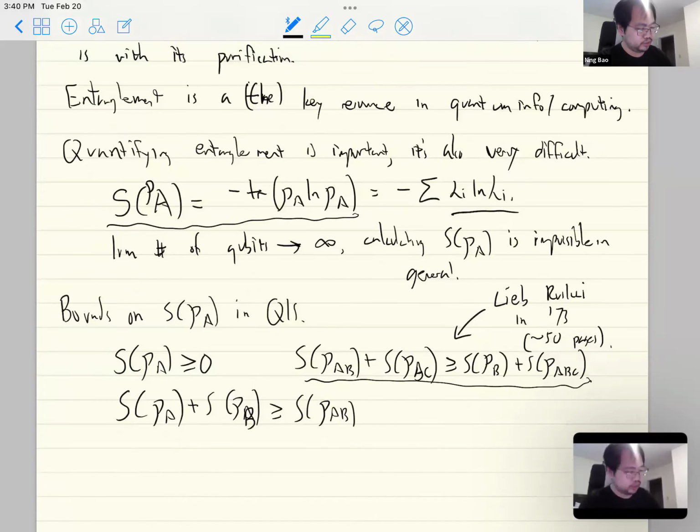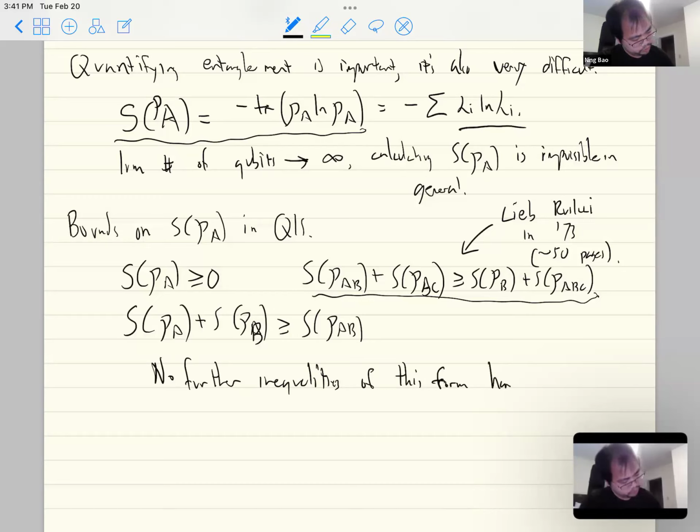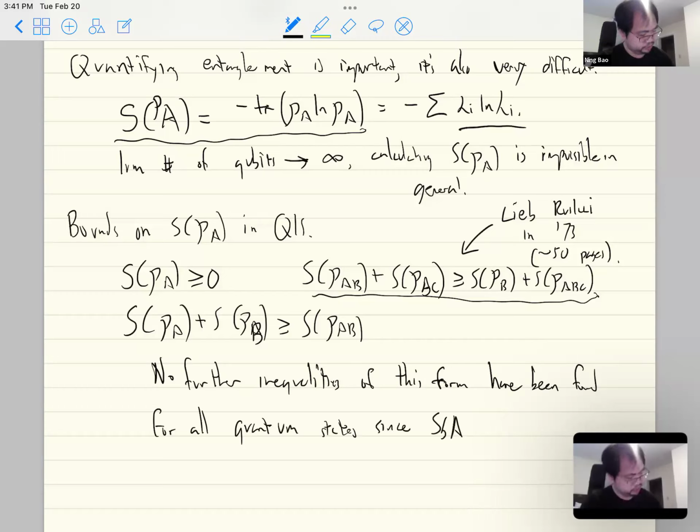And indeed, maybe relatedly, no further inequalities of this form have been found for all quantum states since strong subadditivity.